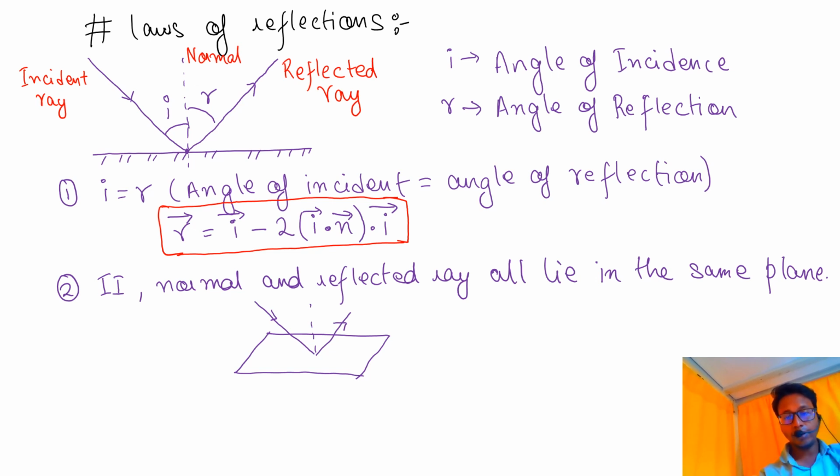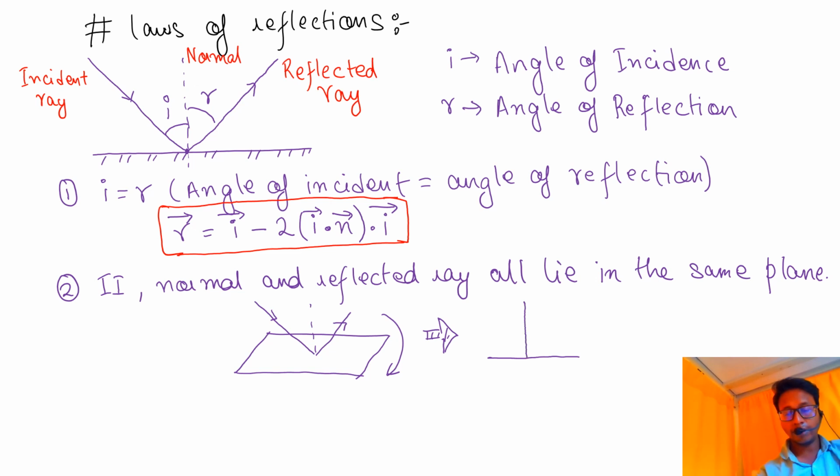If you turn this plane such that this side is towards you, then the incident ray, reflected ray, and normal would appear as one line. That means all of this lies in the same plane.